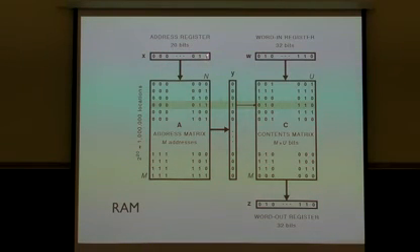You have a memory address, and for each possible address, you have one location. So here it's location 0, 1, 2, 3, 4, 5. And if you have 20 bits of address, then the last address you reach would be about 1 million. And so you do have one memory location for each one of those.